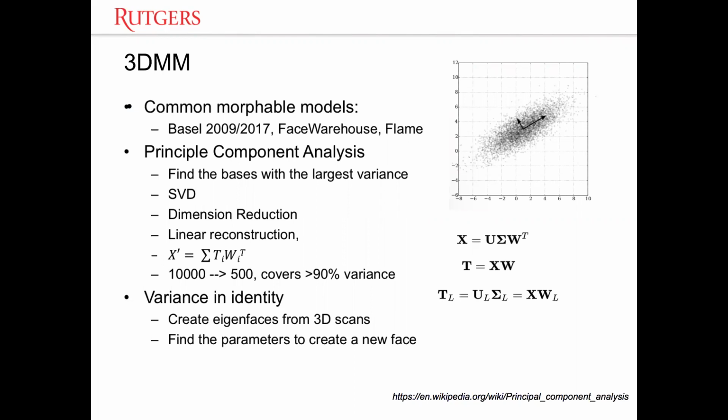We can reduce it to 500 principal components and use their corresponding eigenvectors to reconstruct from the low dimension space to the high dimension space. And it turns out that the first 500 principal components cover at least 90% of the variance of the data.